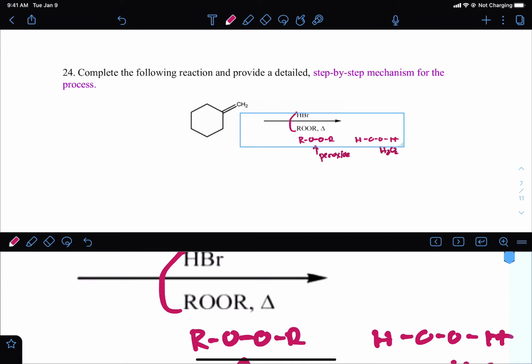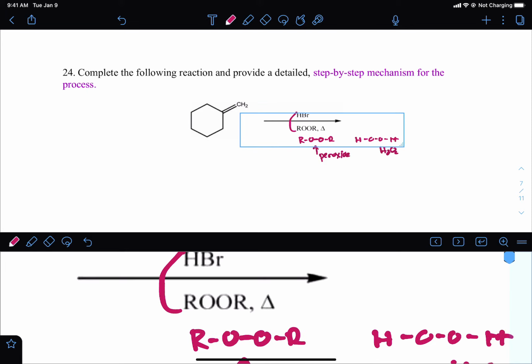These are called radicals. And this is going to dictate how the mechanism goes. If you don't include peroxide, you don't form radicals, and then everything else happens differently. But once you create the radicals, then everything gets going.